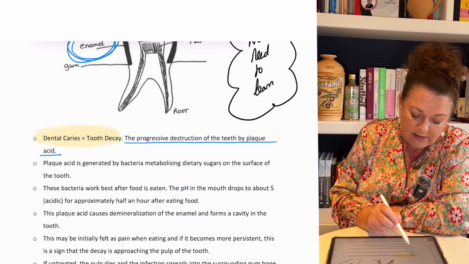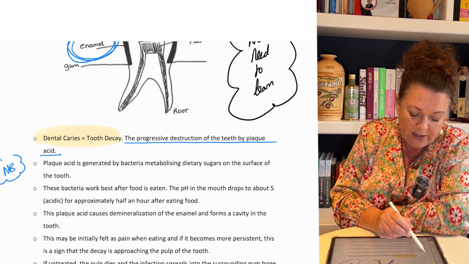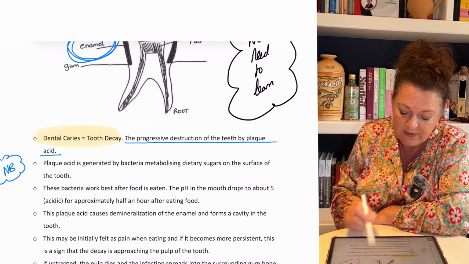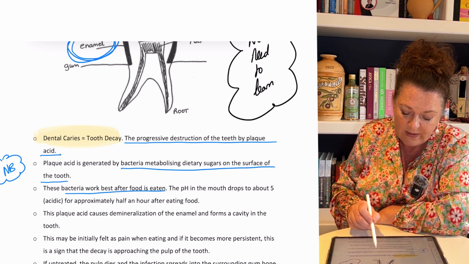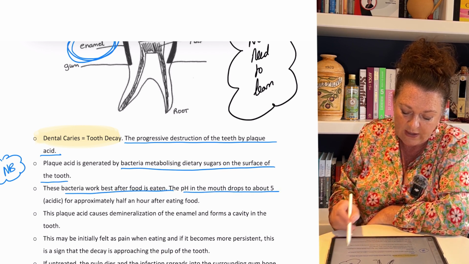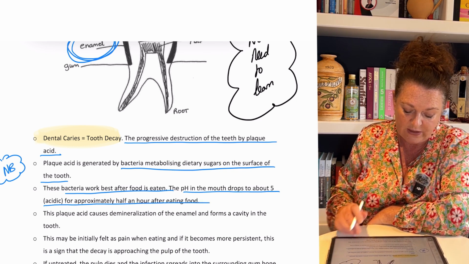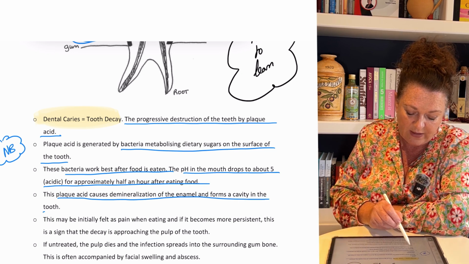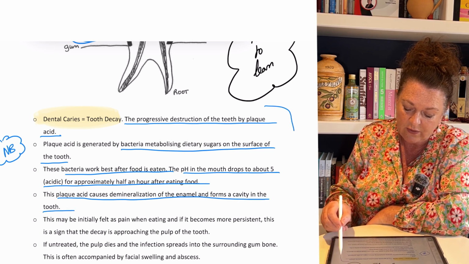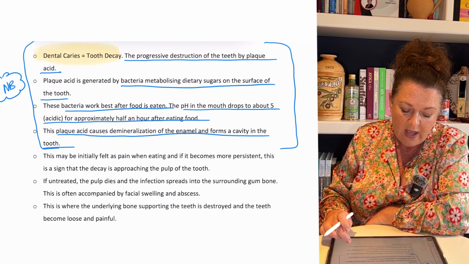How plaque acid is generated is bacteria in our mouth metabolize dietary sugars on the surface of the tooth. They work best after food is eaten when the pH drops to 5, which is acidic, for about a half an hour after eating food. And then this plaque acid causes demineralization of the enamel on the tooth. So all of that to be learned.